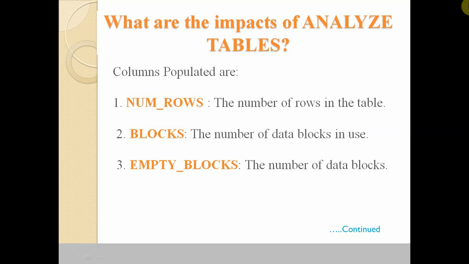Second one is BLOCKS, which identifies the number of data blocks which the table used. And number 3 is EMPTY_BLOCKS, the number of empty data blocks the table has. So these columns will get populated in the data dictionary tables.